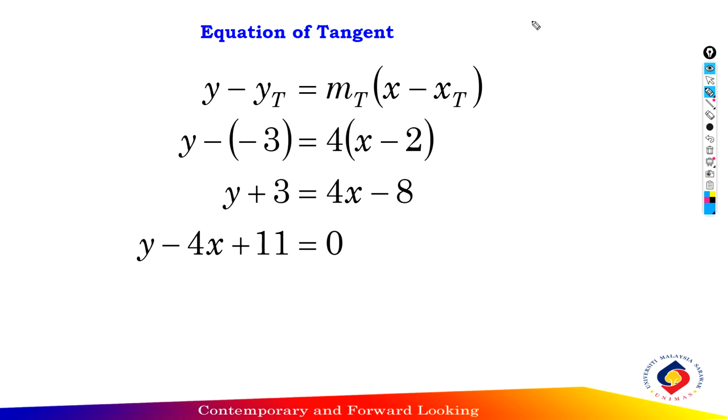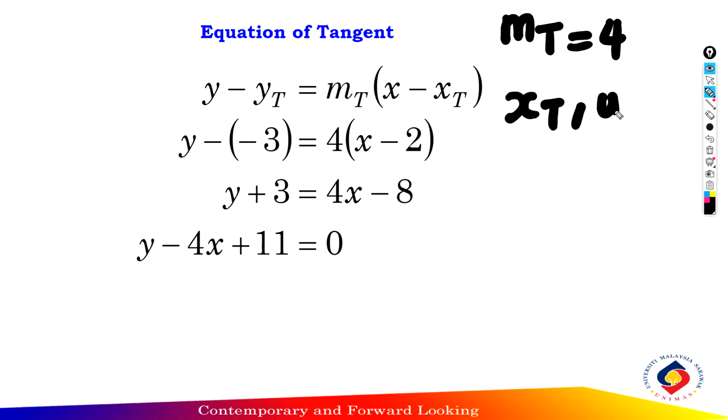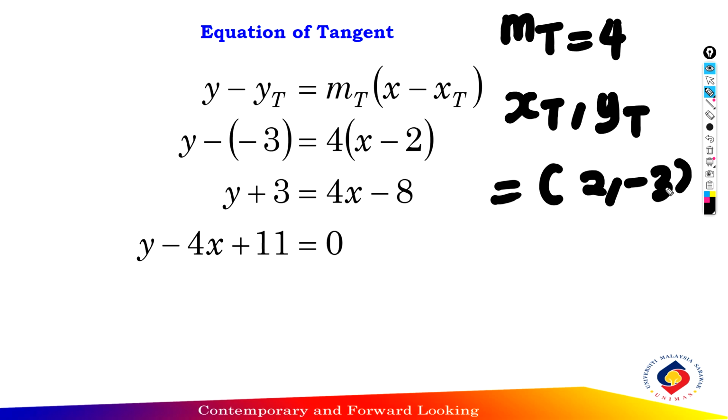The gradient of the tangent mt equals 4, and the point xt, yt equals (2, negative 3).